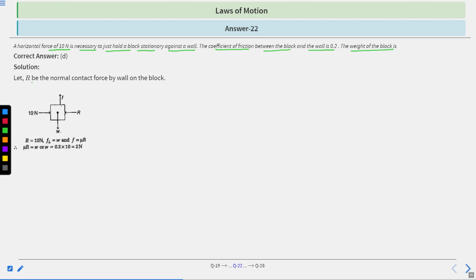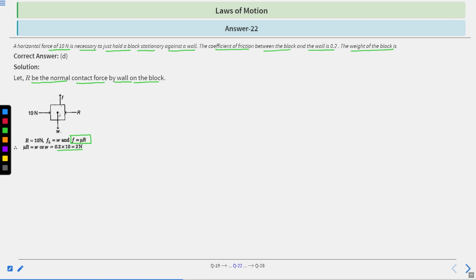Let R be the normal contact force by the wall on the block. So R equals 10 Newton, F equals W, and F equals mu R. Putting in all the terms, the weight of the block is 2 Newton.